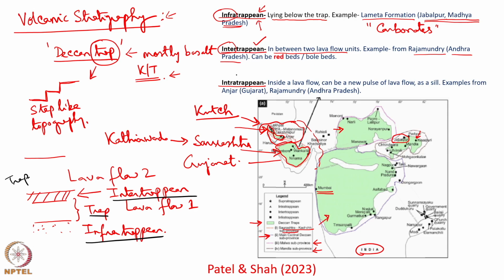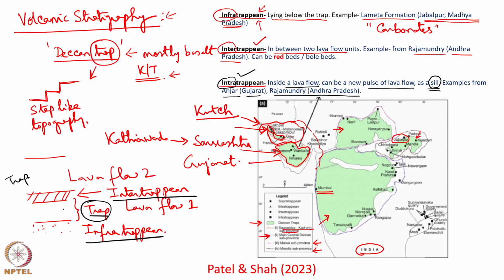Now, let us look at the term intratrappean. Intra means inside a single flow. That is what is said. Inside a single lava flow, there can be new pulses of lava flow, such as sill. Sill is a concordant igneous body, that means one which lies parallel to the existing layers. And the example comes from Anjar in Gujarat and Rajamundry from Andhra Pradesh.